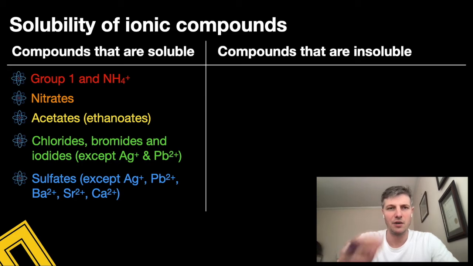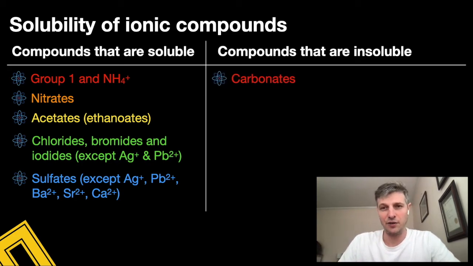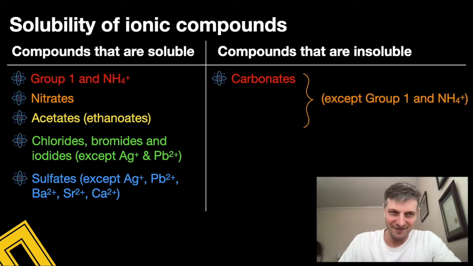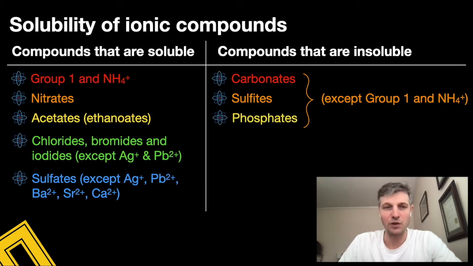Now we have our column for insoluble. All carbonates are insoluble, with exceptions, of course, the group 1s and ammonium, which makes sense because we know that they are soluble from the previous column. That same exception applies to sulfites and phosphates. So all carbonates, sulfites, and phosphates are insoluble except group 1s and ammonium.